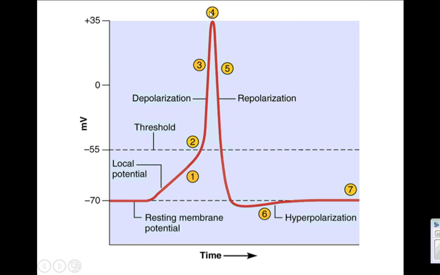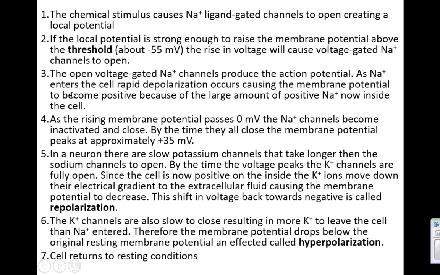So at point 4, the sodium channels become inactivated and closed, which then allows for what we call voltage-gated potassium channels to open up, which then is going to allow potassium to rush out, which is down its gradient.